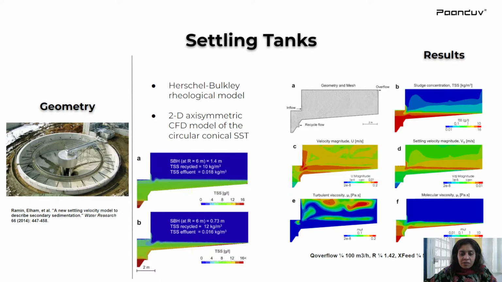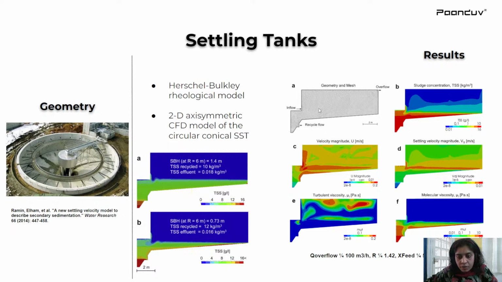So your system becomes non-Newtonian. In those cases, you have to apply the appropriate models. For non-Newtonian models, you can use the power law model, or you can use the Herschel-Bulkley rheological model, which is highly used.